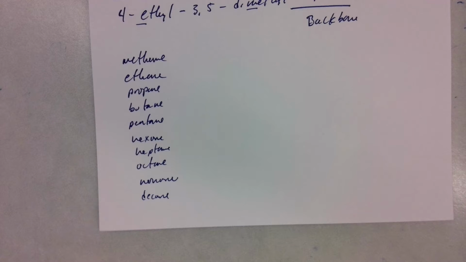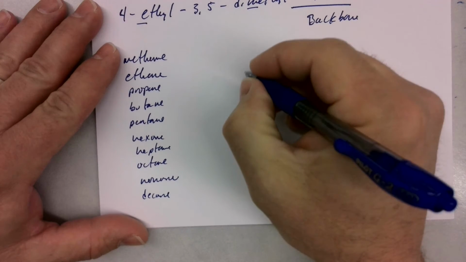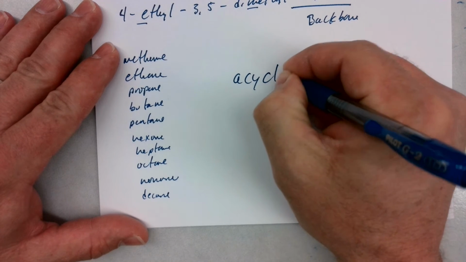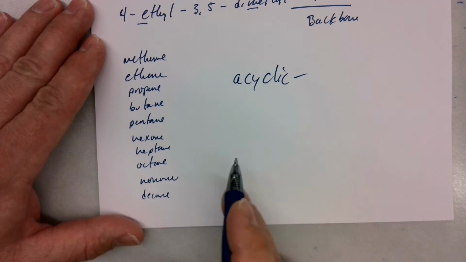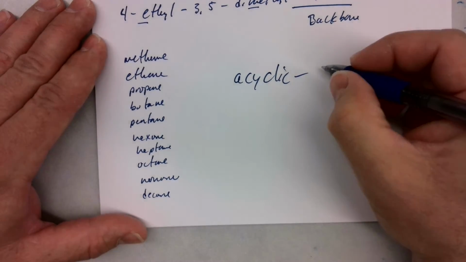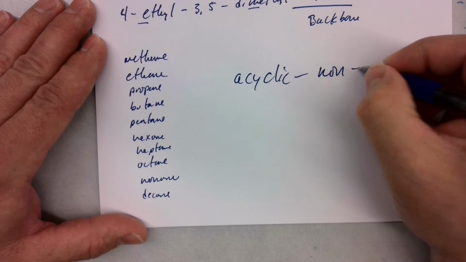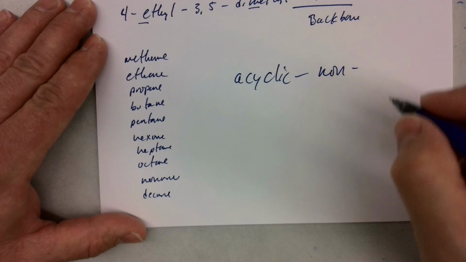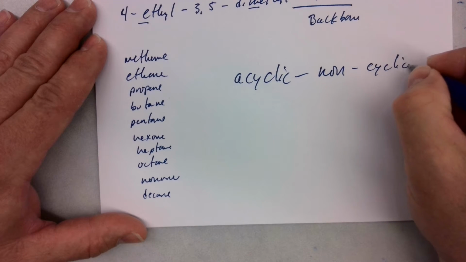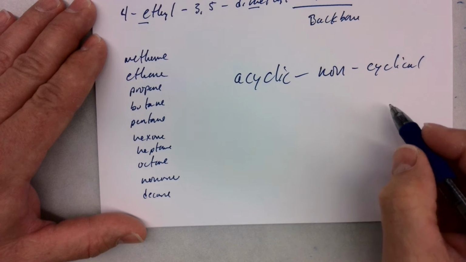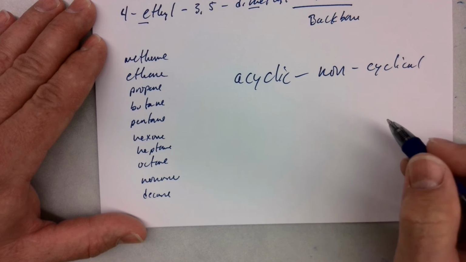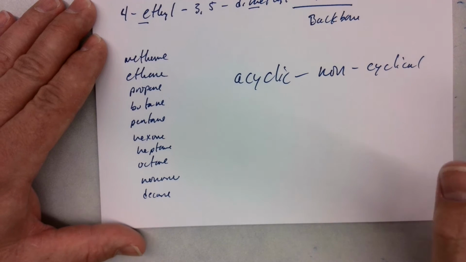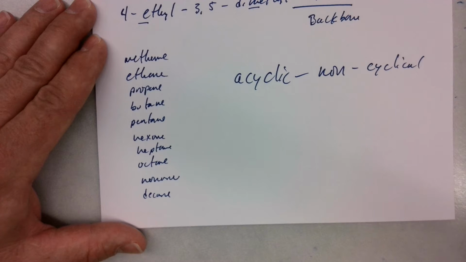Now, most of what we're going to do today is what is referred to as acyclic. Acyclic means it's non-what? Anybody know? It's non-cyclical, which means none of them make a ring structure of any kind. Okay, we'll get into that, just not today.